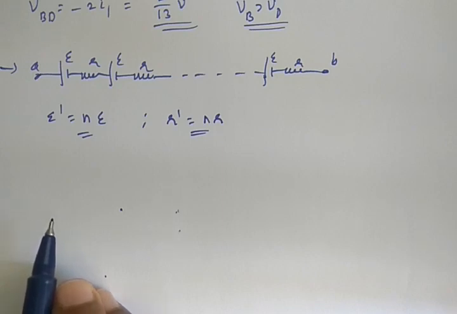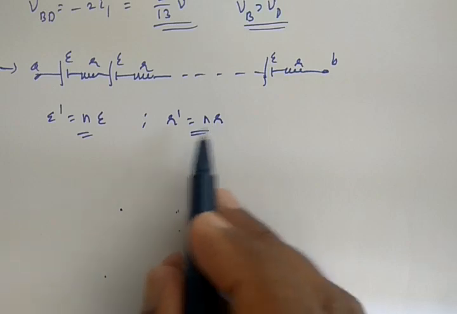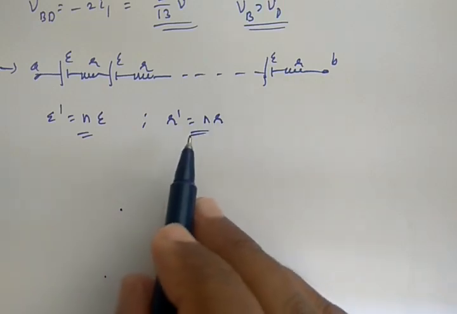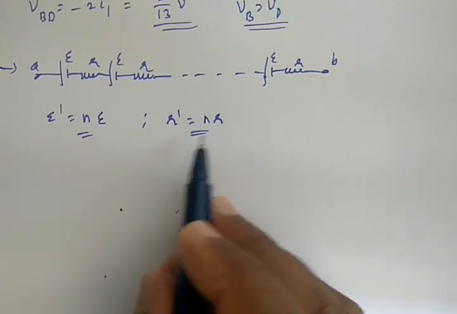Then the remaining number of batteries will be n minus 2. If the EMF of each battery is E, then the effective EMF of the set will be n minus 2 into E, but there will be no change in the internal resistance of the batteries. Effective resistance of the batteries will be the same.